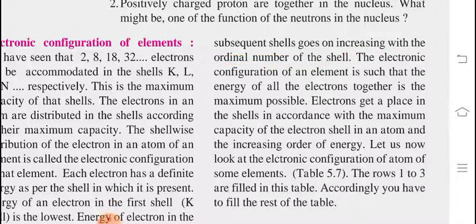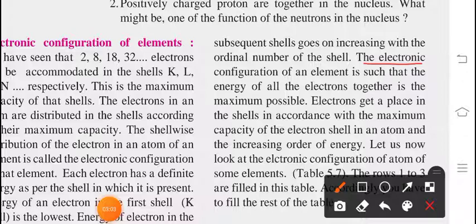So very least energy will be there in the first shell. As the shell number increases, 1, 2, 3, in a similar manner the energy of the electron also increases.